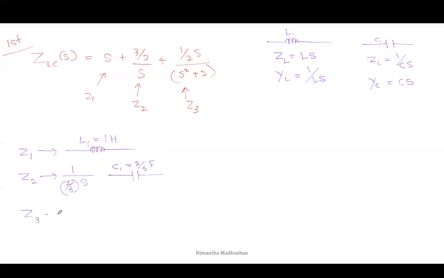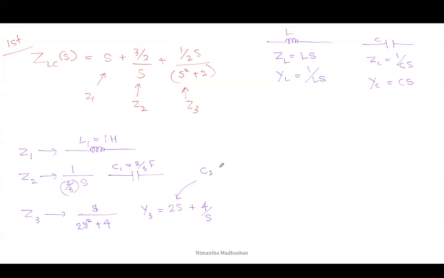And Z3 is 1 over (s over s squared plus 2), which is s squared plus 2 over s. For this one, I consider the admittance value Y3, then 2s plus 4 over s. When I consider the admittance value of a capacitor, it is like this term.